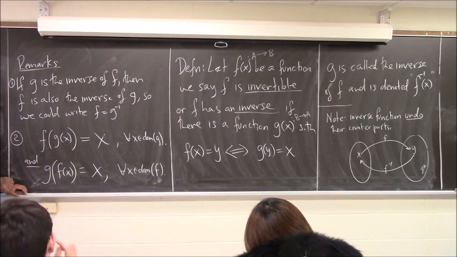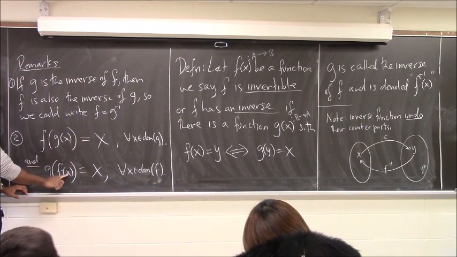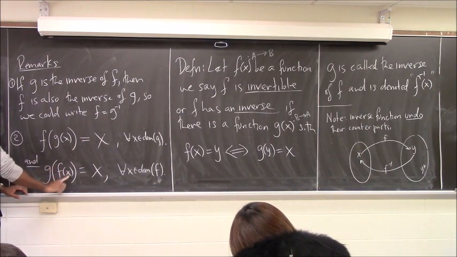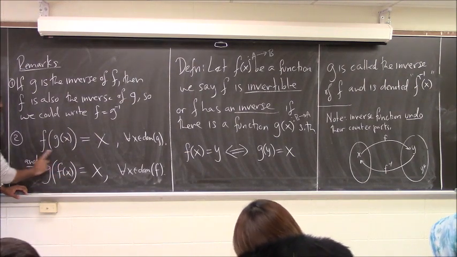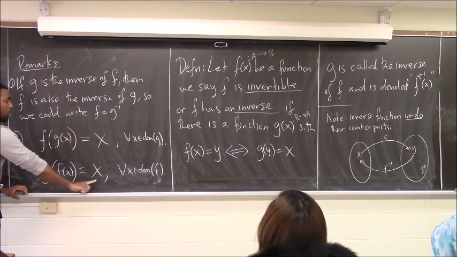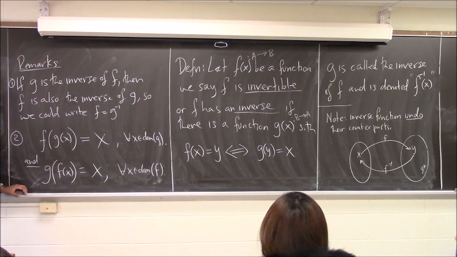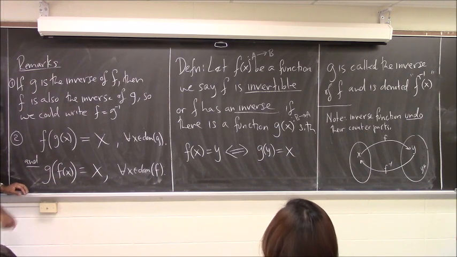Conversely, if we start with an input x, f does something to it. If we take that result and put it inside g, g is going to undo it and give you back the original x. So this relationship will hold.